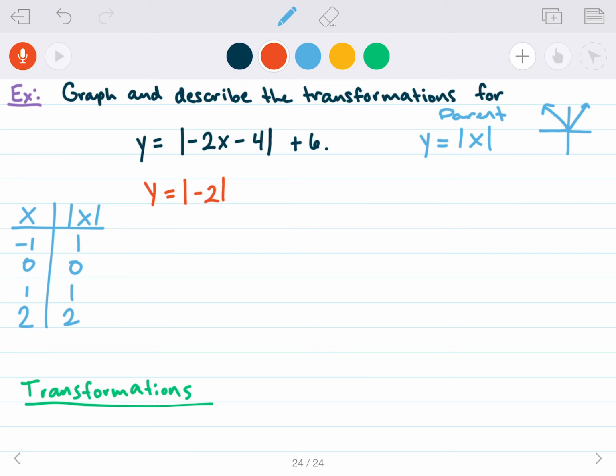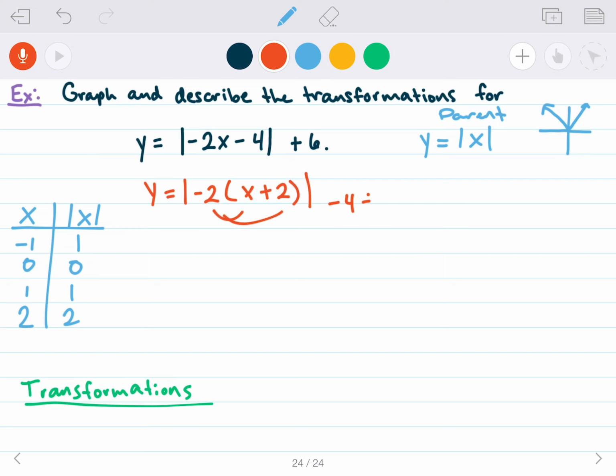So when I do that, I'm left with, well, -2x divided by -2 is simply x. -4 divided by -2 is simply going to be positive 2, right? And actually, I need to make this parentheses. Sorry, let's try this again. So we have x plus 2.